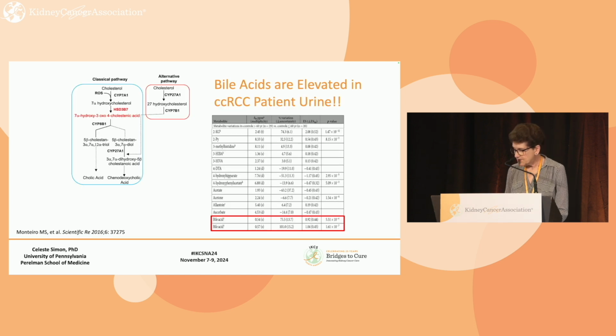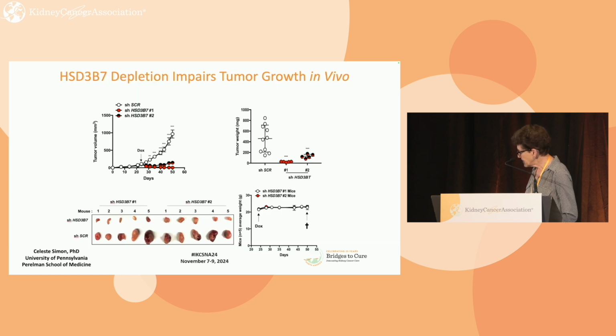So another thing that's interesting to note is, in a patient cohort of approximately 49 individuals, urinary analysis indicated that these patients have a buildup of bile acids like cholic acid, almost reminiscent of overt liver injury. And so this would suggest that the pathway and its products could even serve as some kind of biomarker for the disease, something that we're thinking about.